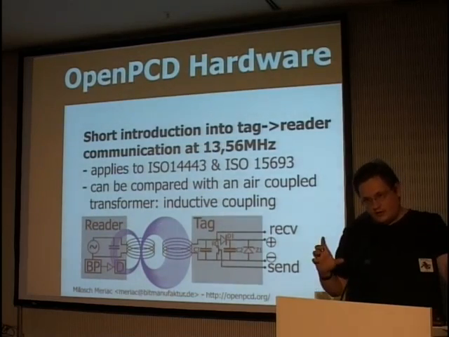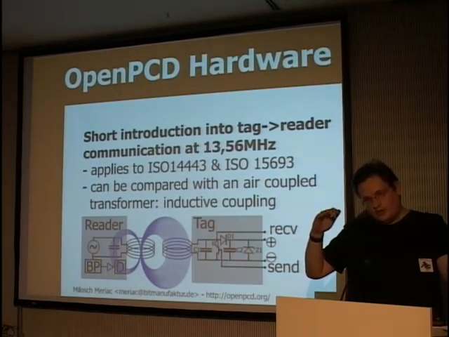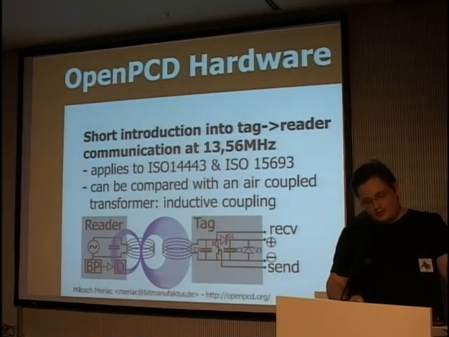So you have a very strong carrier. The data is modulated onto the carrier and obviously can be easily read by the powered tag. But there is no active transmitting from the RFID device. The back channel from RFID tag to reader is done by load modulation.